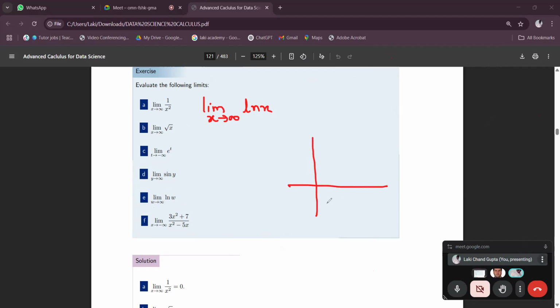When you see the graph of log, you can see whenever x is increasing, the value of log x is also increasing, right? Infinity will be there. One more important thing.